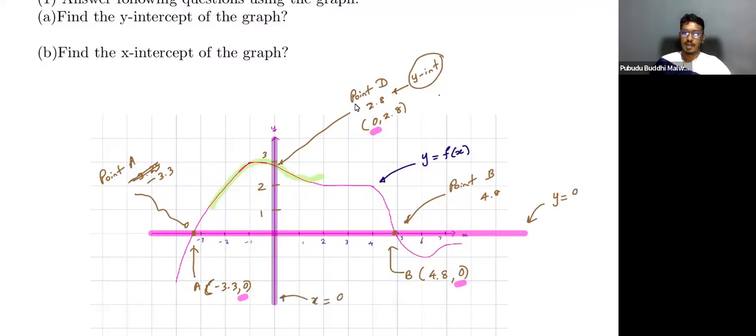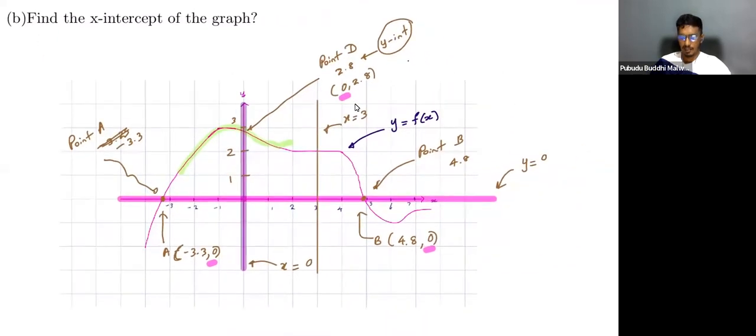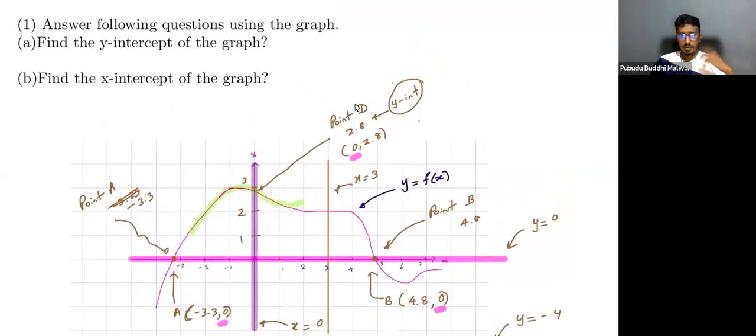If I draw another parallel line, 2, 3, like this, that is x equals 3. We discussed that, I think. And a parallel line to the x-axis, like this, that is y equals -4, because the y value is constant throughout that line. That's the idea. So let's move to the next part.